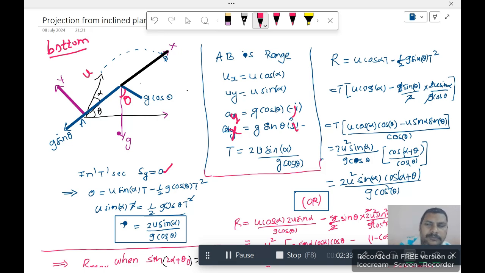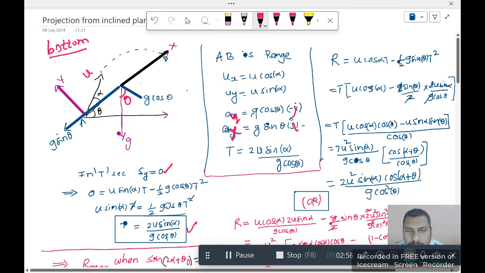And here, after reaching the point B, sy, the vertical displacement of the projected particle, is 0. In this case, the time taken to reach this point B is called the time of flight, t seconds. From that we will get t is equal to 2u sin alpha by g cos theta.